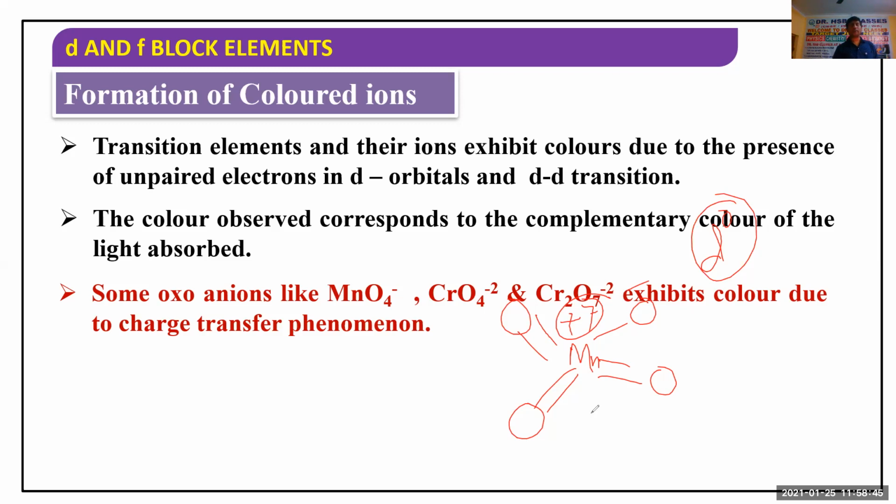This type of complex is formed by charge transfer from the oxygen to manganese. For this reason, this type of compound shows color. Permanganate is pink, and the color arises from the charge transfer of the oxygen.